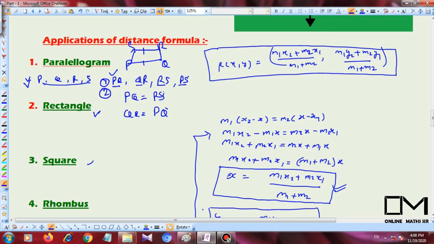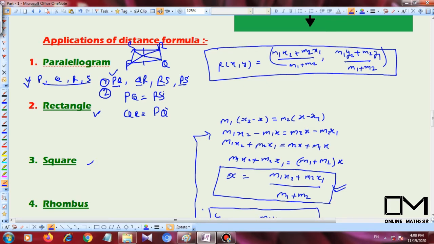Another method, which is more innovative, is this. Suppose these 4 points are lying in a 2D plane and you want to prove that they form a parallelogram. Then you find the midpoints of the diagonals QS and PR.